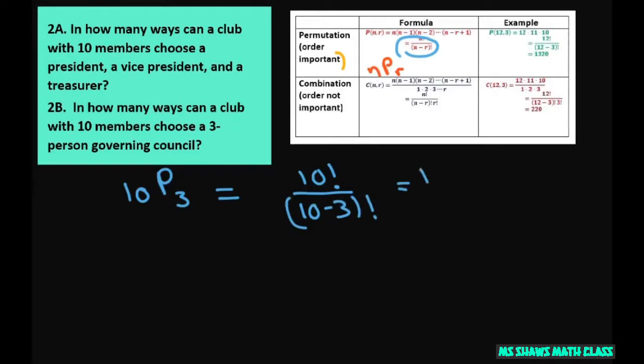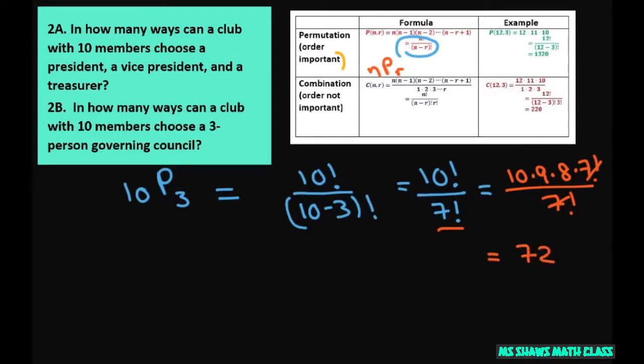That gives you 10 factorial divided by 7 factorial, and you go all the way down to the 7 factorial. So 10 times 9 times 8 times 7 factorial divided by 7 factorial. That gives you a total of 720.